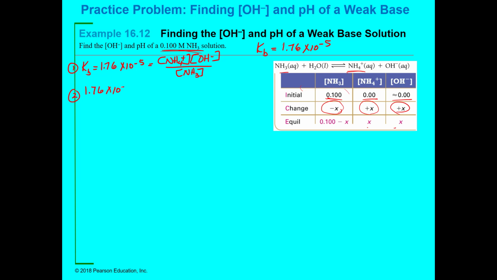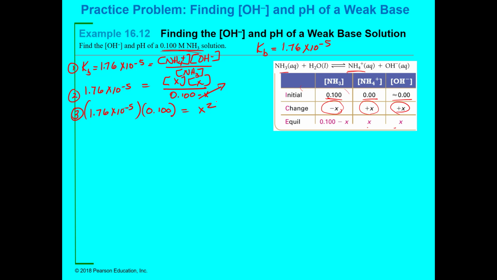So 1.76 times 10 to the minus 5 is equal to X times X divided by 0.1 minus X, which is small enough for approximation. So 1.76 times 10 to the minus 5 times 0.1 is equal to X squared.